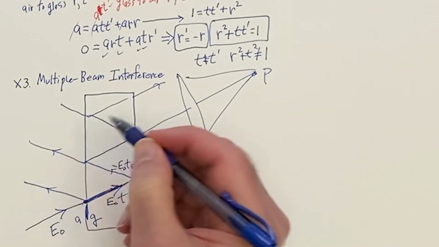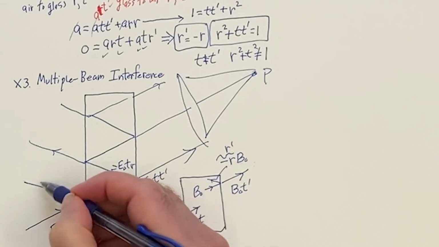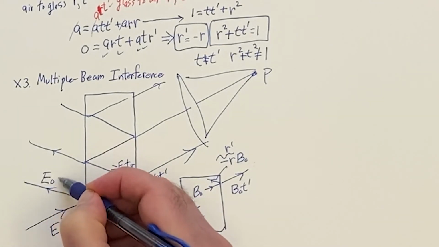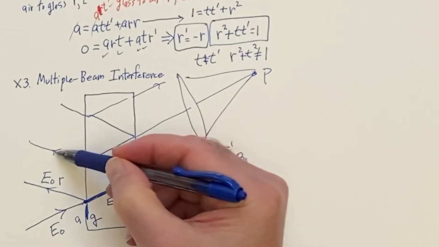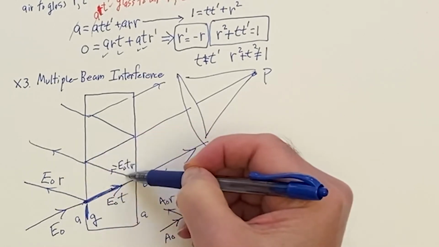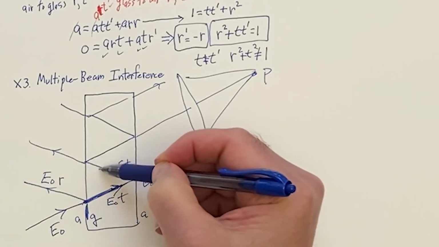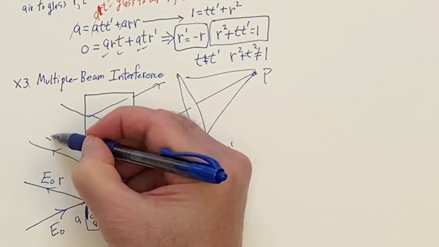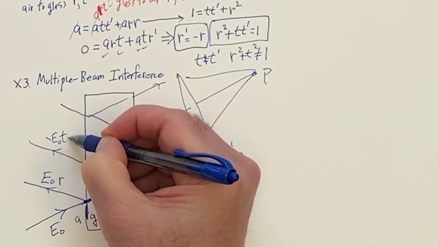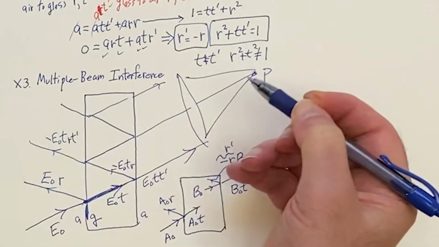And then the one that's going out here is easy. This is E naught R. And then this one just simply hits a transmission. And what's that transmission? If you're going from glass to air, it's a T prime. So this is minus E naught T R T prime.